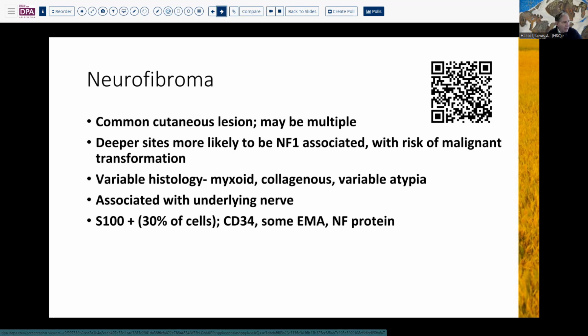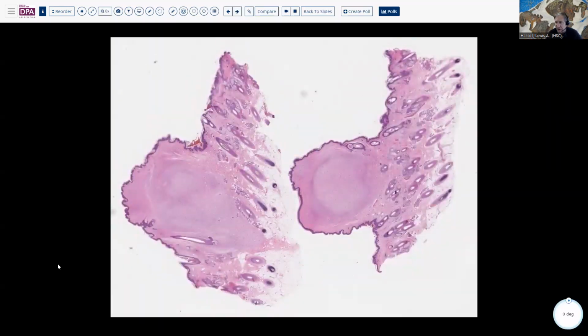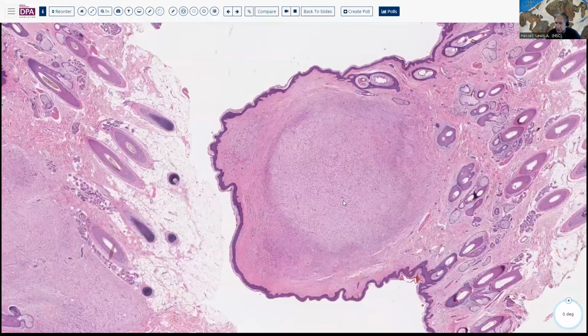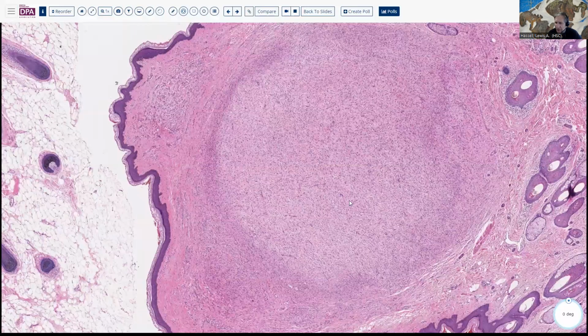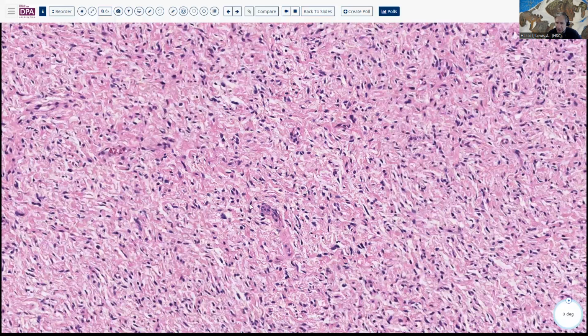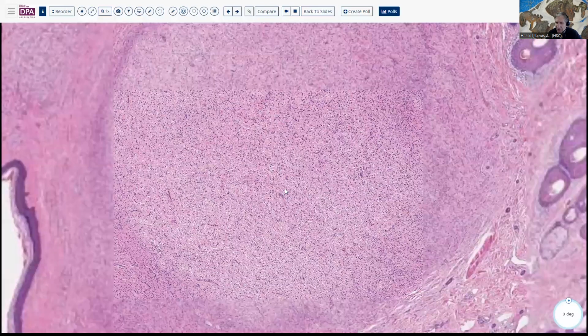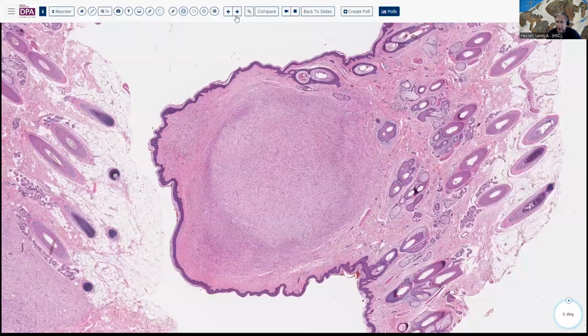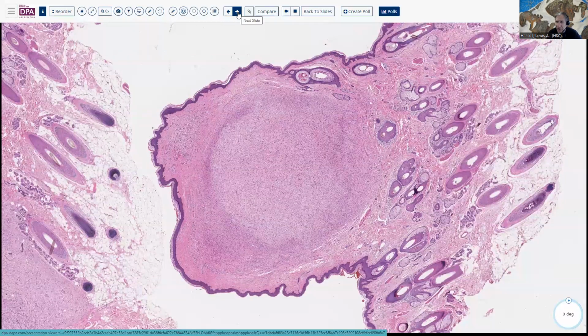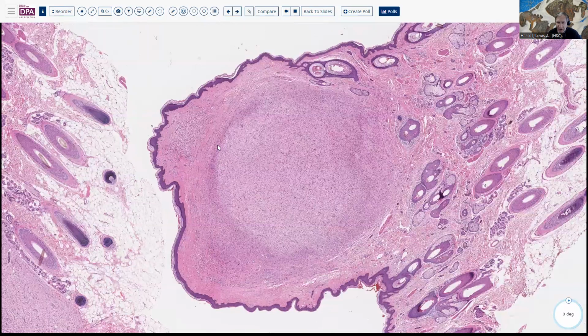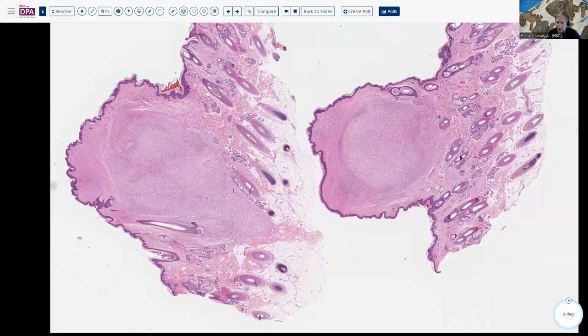So here's a nice example of a cutaneous lesion, not terribly dissimilar from that cutaneous schwannoma that I showed you, but less sharply demarcated, a little bit more vascularized, but difficult to distinguish in some circumstances. Now, of course, in the skin, it's not terribly critical to make that distinction, but it's nice to get the diagnosis correct, especially if the patient has multiple lesions and neurofibromatosis is a consideration.